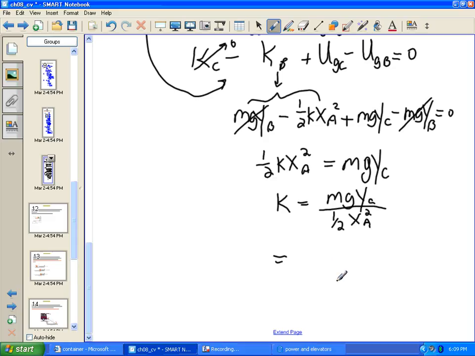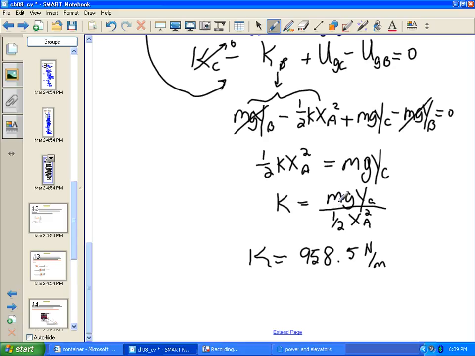Solving for the numbers here, we should get something like 58.5 newtons per meter.